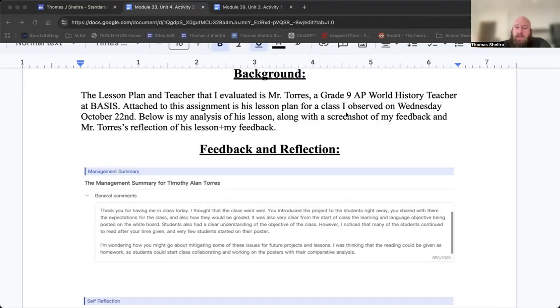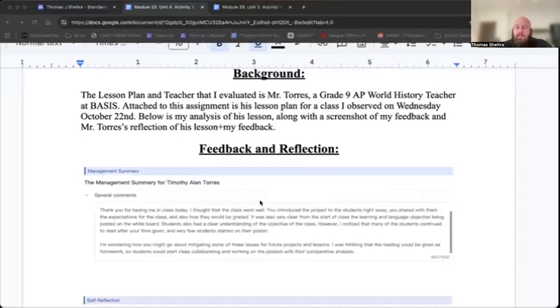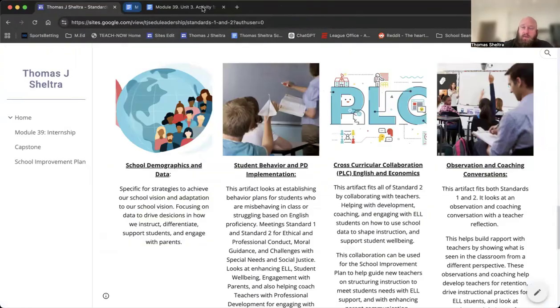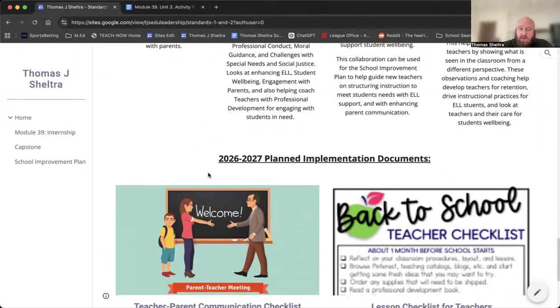And then adapting to the school's mission and values is what we can do in the classroom to support the students. And so I think that this artifact fits pieces of standard one and most of all standard two. Sorry for that back and forth right there.